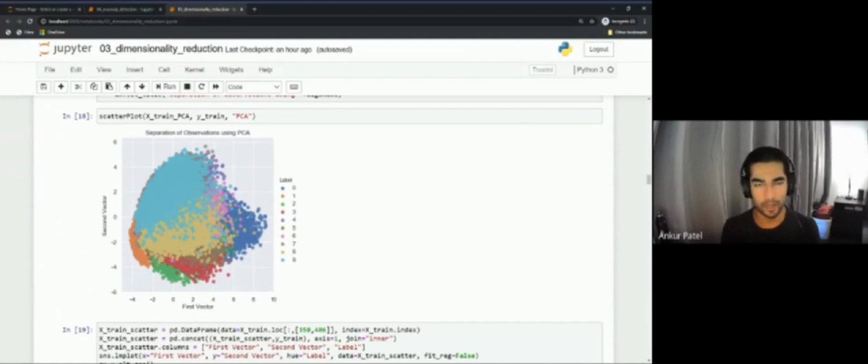Having fit the PCA here, when we look at the digits, the images in a lower dimensional space, you can see that all the zeros are grouped together very tightly in 2 dimensions here. The number 1 is right here. All the images of number 1 are right here in this orange layer.